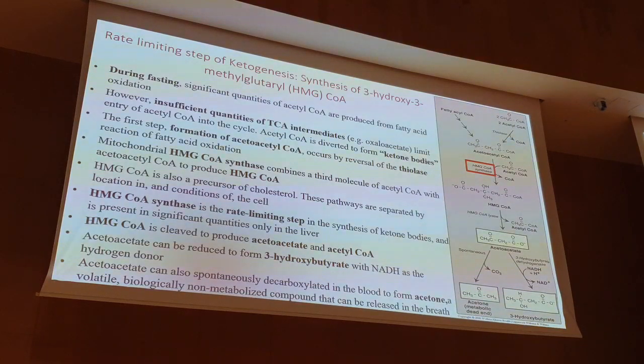And obviously to make the ketone bodies, you're breaking down the fat. So that's where the logic comes about. And that's what I'm describing to you on this slide. So we are going to make ketone bodies when we break down these fats during extreme fasting.